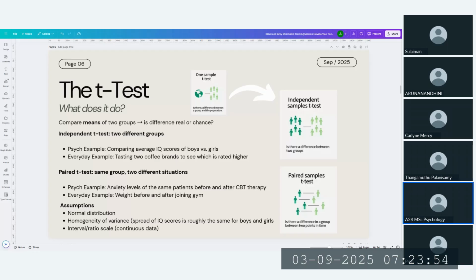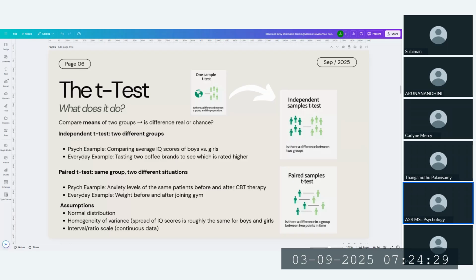So here, what the t-test does is that it compares the means of two groups, and it identifies whether the scores differ significantly. But before that, it asks an important question. Is this difference real, or is it chance? Right? Is it depending on some factor that we have not accounted for? Has a chance just happened?